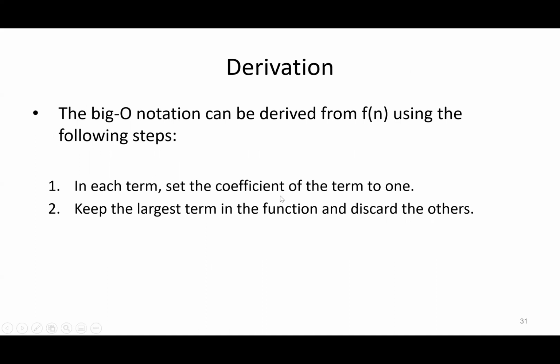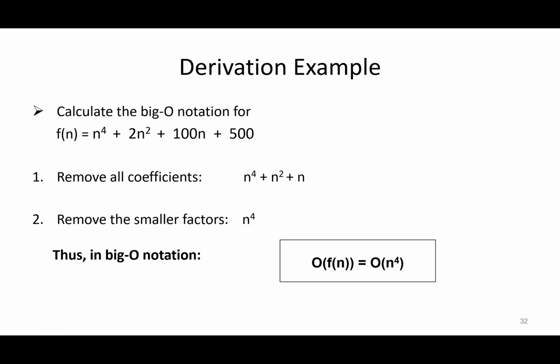So there are 2 steps that you can use. The first step is, for each of the terms in your F(n), you set the coefficient to 1. It's like you can remove all the coefficients you don't need. Then the second step, just keep the largest term among all the terms that you have, and the others just remove. Okay, let's look at one example. Let's say my F(n) is this one: n power 4 plus 2n power 2 plus 100n plus 500.